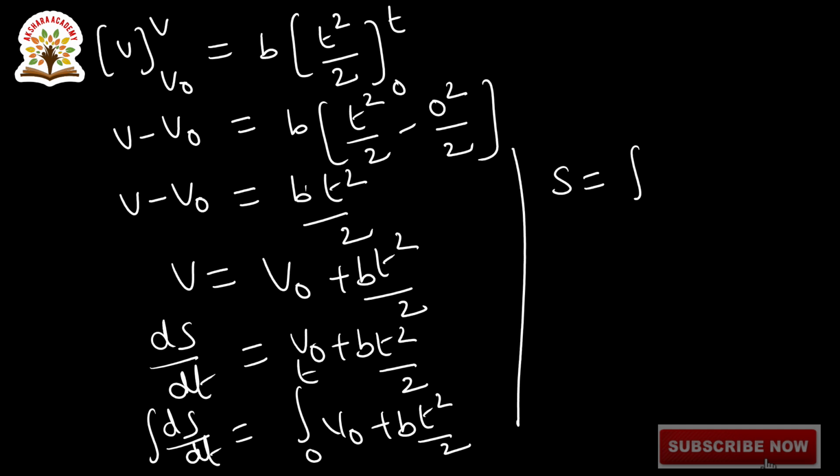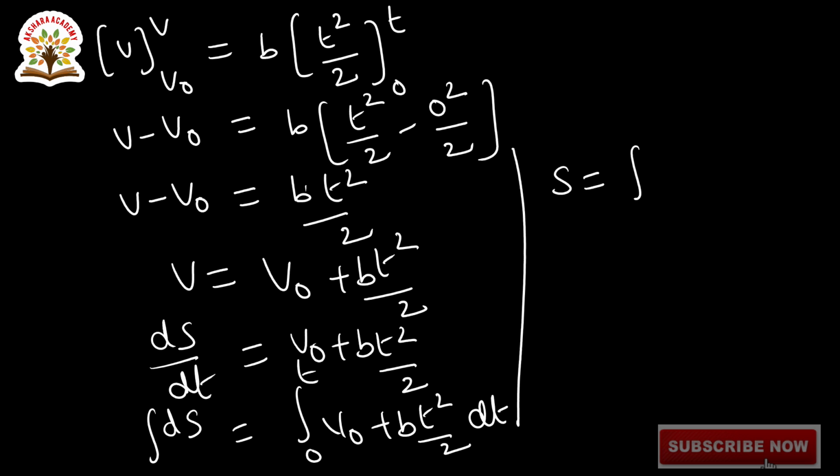Here we are taking again cross multiplication, here in place of ds by dt we write ds. The integration of ds is equal to the integration of v0 plus the integration of bt square by 2 into dt, that is, the integration of ds is equal to the integration from 0 to t of v0 plus bt square by 2 into dt.